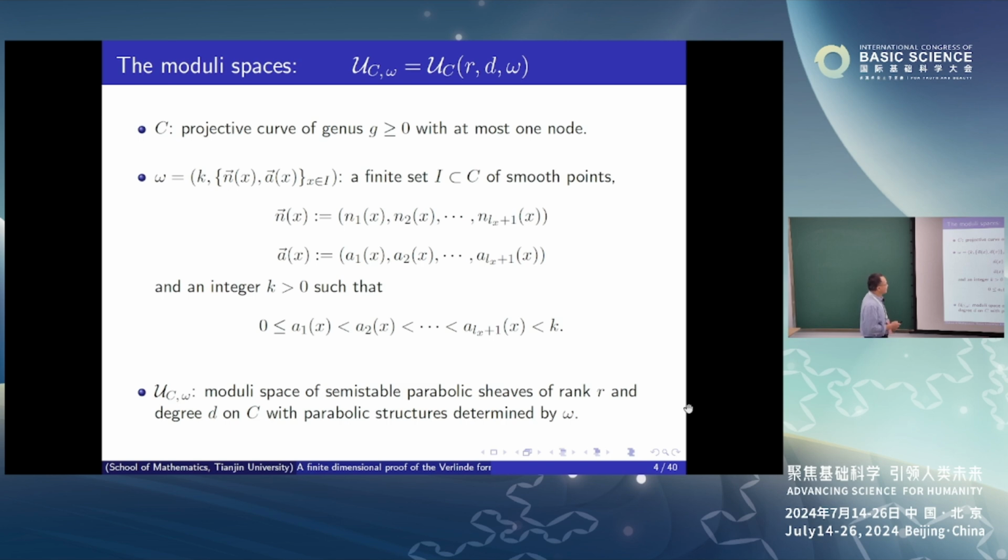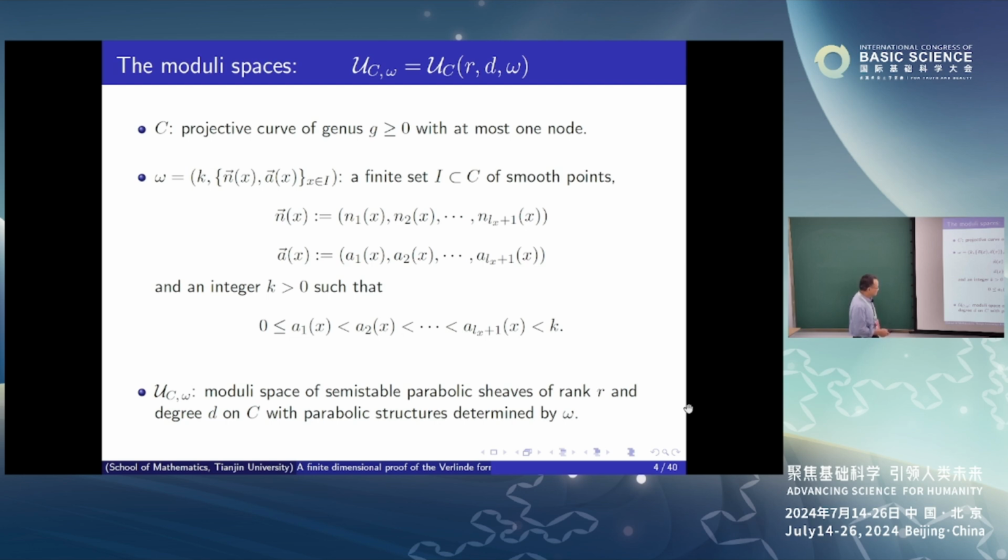Then we fix a set of smooth points, and these are given positive integers and non-negative integers satisfying such a condition.